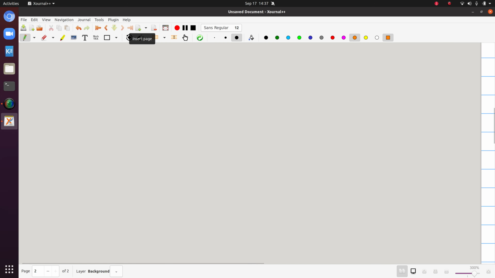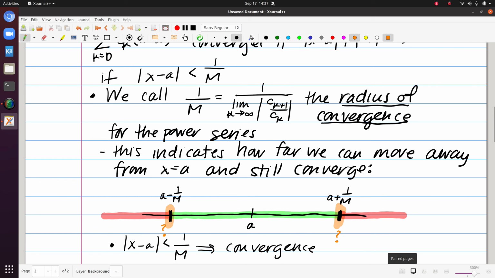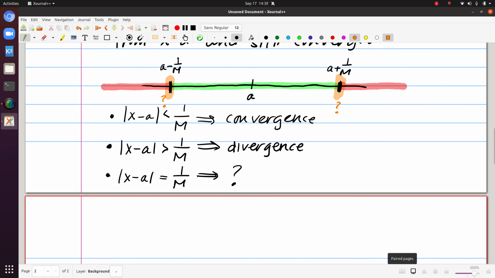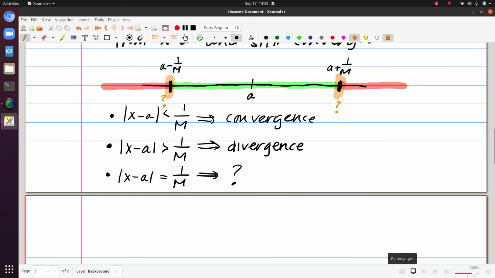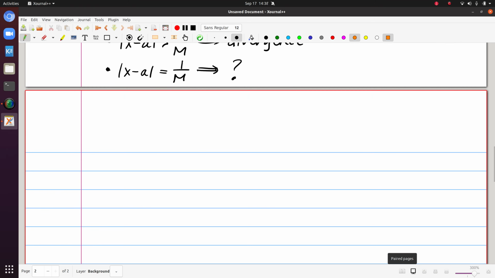Now, putting this all together, we've talked about the radius of convergence. That is going to be a positive number, and that's measuring distance away from the center. The other thing I want to focus on here are these intervals that I've created that collect all the points of convergence, and we have a name for that as well.